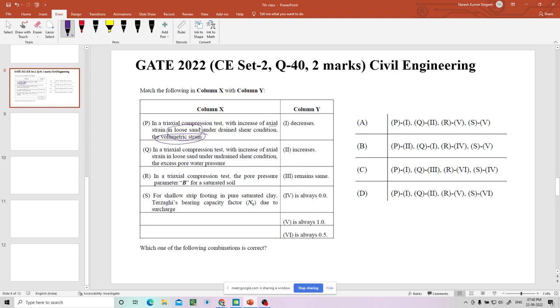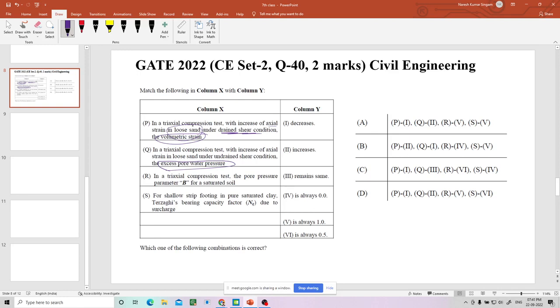Now another one is same triaxial test with the increase of axial strain, again loose sand, under undrained condition. Here drained condition, here undrained condition. The excess pore water pressure, here volumetric strain, how do they change? That is what is asked.